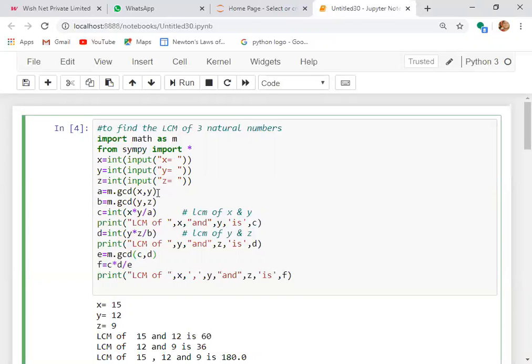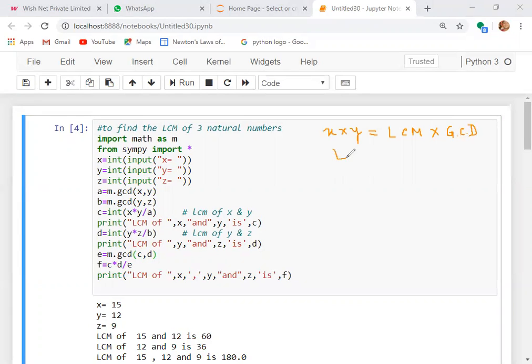If there are two numbers x and y, the basic concept is that the product of x and y will be equal to the LCM into the GCD, the greatest common divisor, which some also call the GCF or HCF. This is the basic rule.